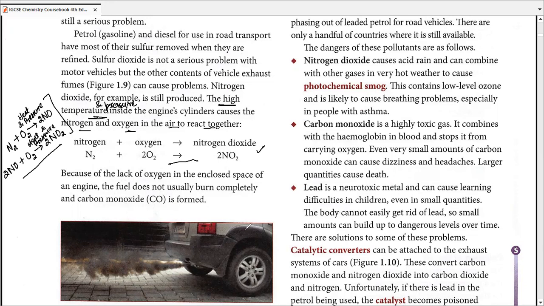Okay. Nitrogen dioxide we have discussed previously. How is nitrogen dioxide a problem? Remember, nitrogen dioxide causes acid rain.